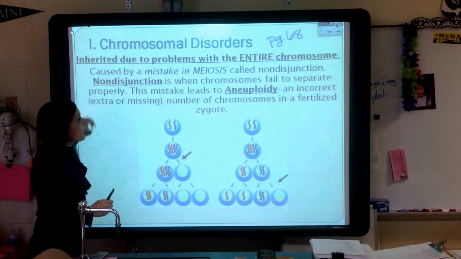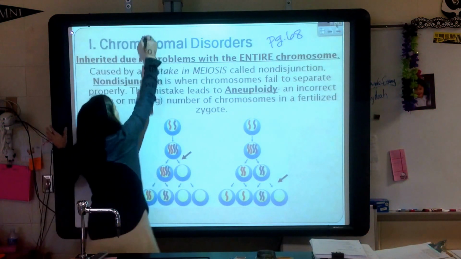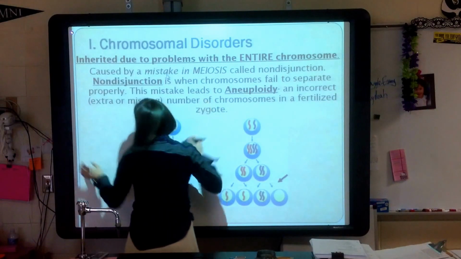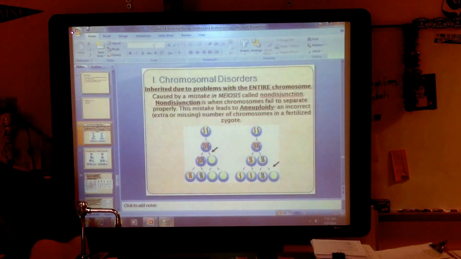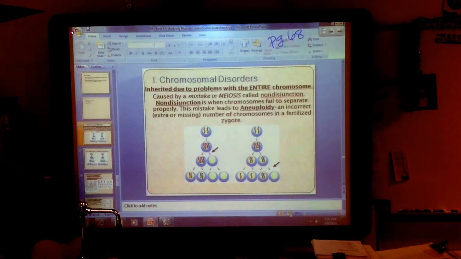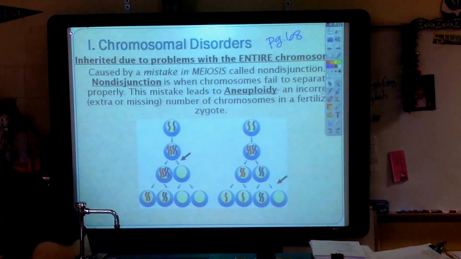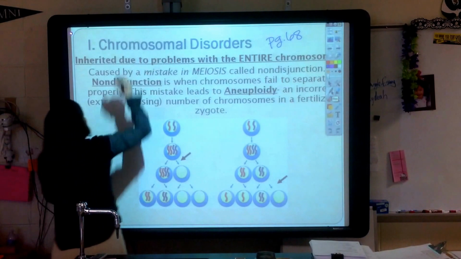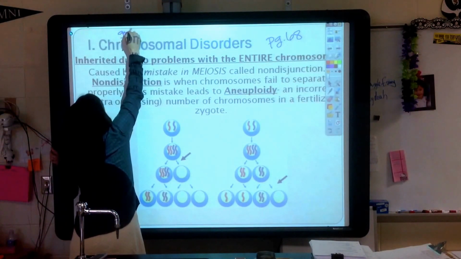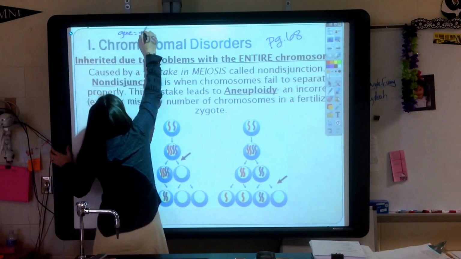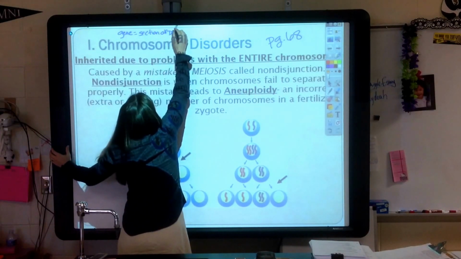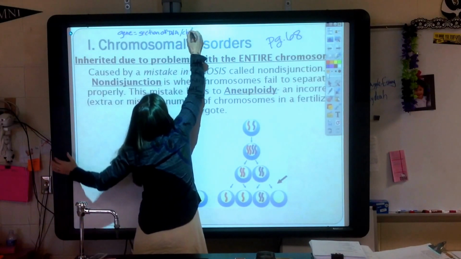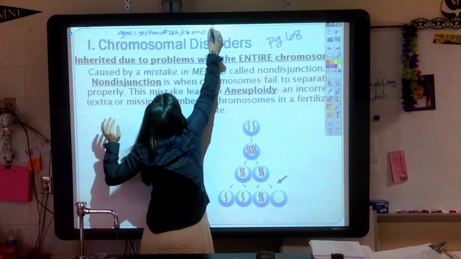Keep in mind that a gene is a section of DNA, or just part of a chromosome.